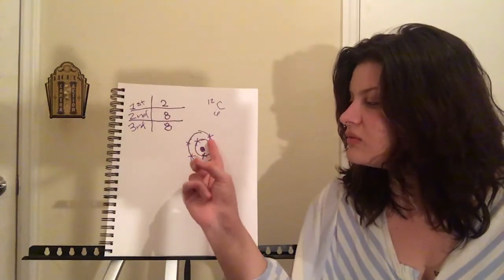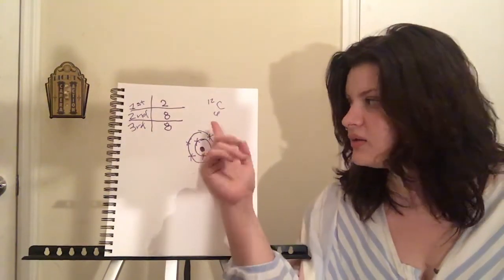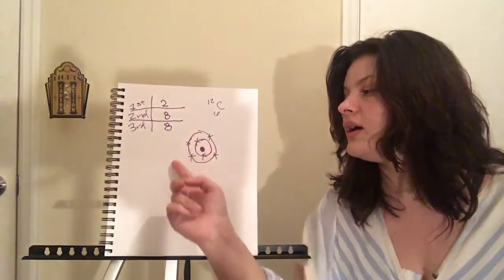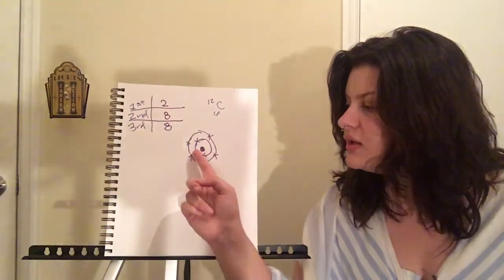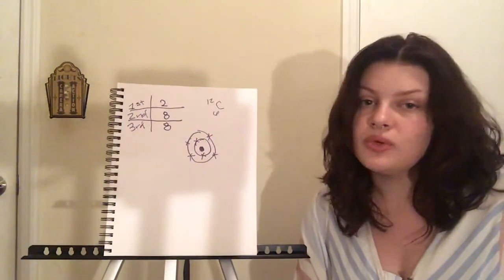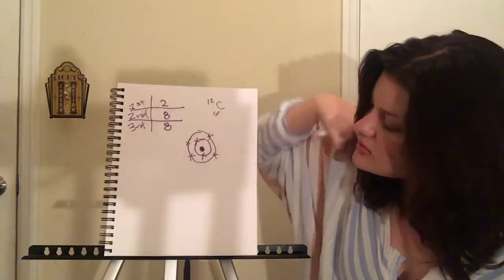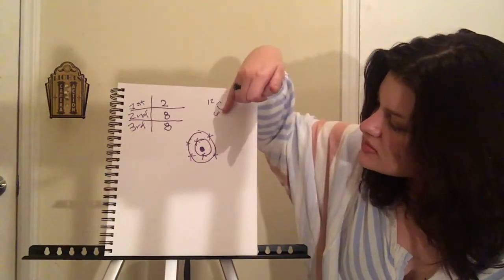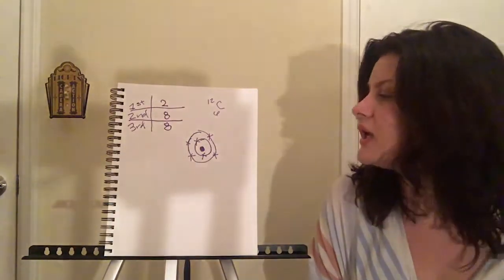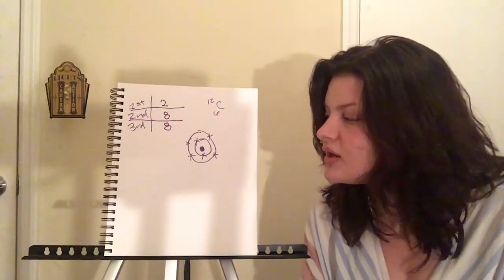The first shell would only hold 2, because we can't exceed 2, but there are more than 2 electrons in carbon, so we would have to draw another shell to be the second shell, and we would put the remaining electrons on that shell, which would be 4, and then all 6 electrons are represented for the 6 electrons in carbon. And that concludes the presentation of basic atomic properties.